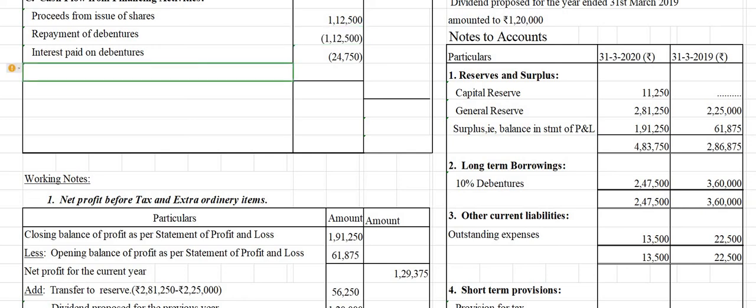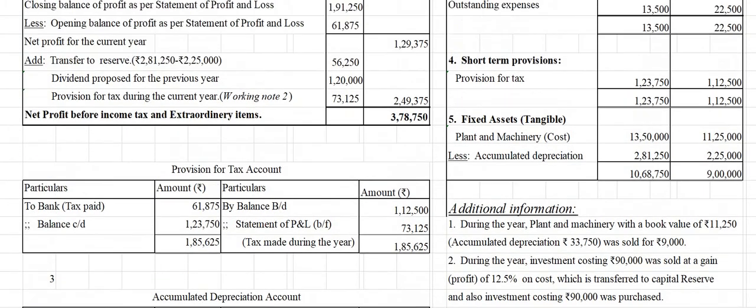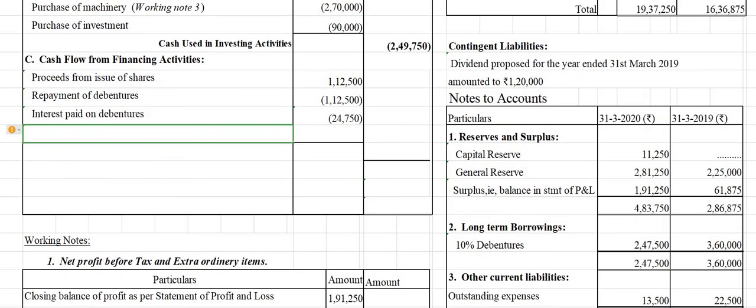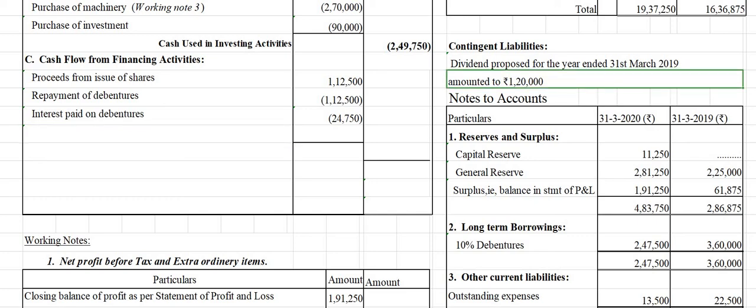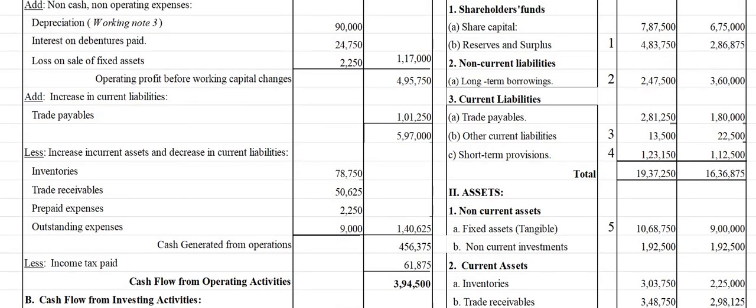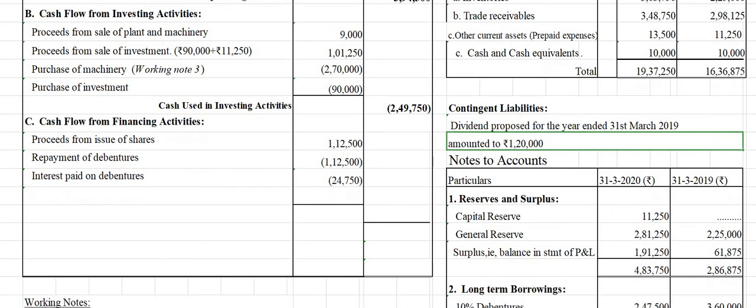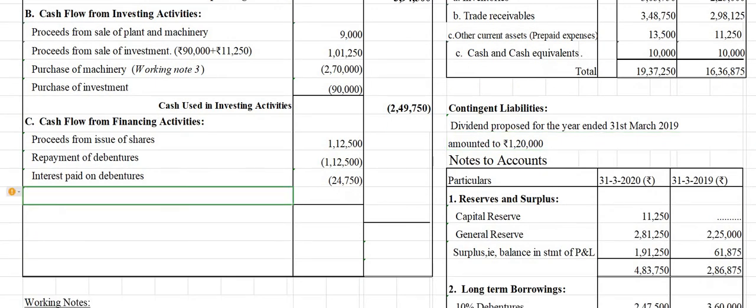Okay. Now proposed dividend paid is there. That also will be shown in the financing activity. That proposed dividend is given here in the adjustment. So this proposed dividend, once we have taken for adding with the profit, there we have told that in financing activity we have to deduct that also.